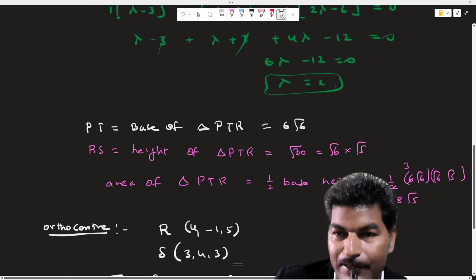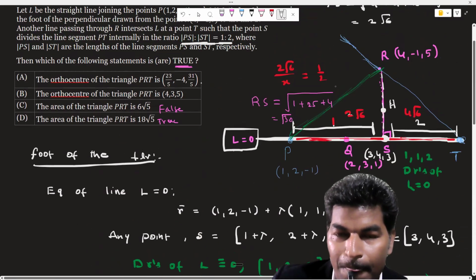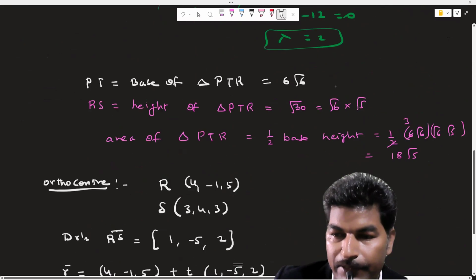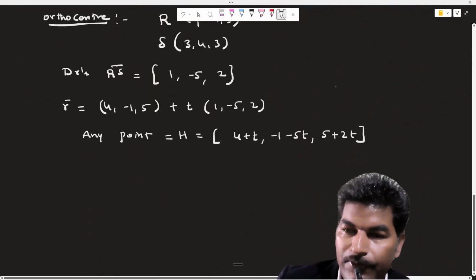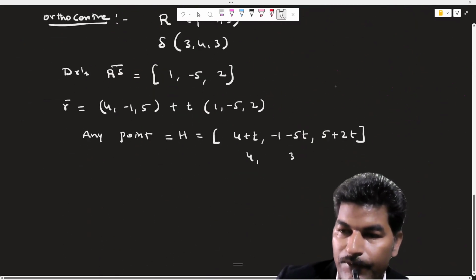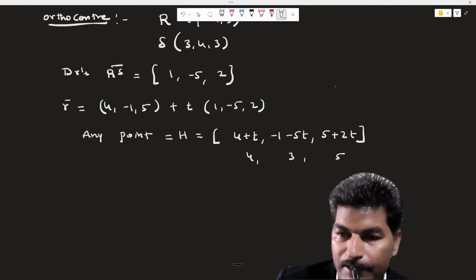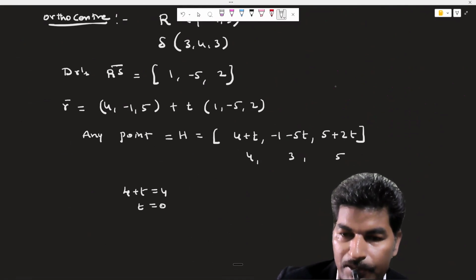So let us compare this point with the given options. I think that is better, it's a saving of time. Otherwise we need to calculate one more scenario. First we will verify with (4, 3, 5) because it's an integer point. If 4 plus t is 4, then of course t is equal to 0.